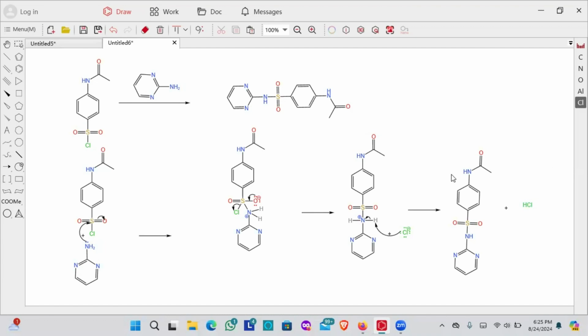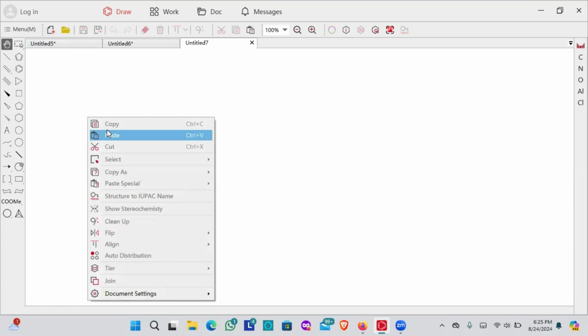Okay, now to proceed on to the next step, we're going to perform the hydrolysis on this to get the final sulfadiazine as the product. Let's take a copy of this. Actually, we already have a copy. We're going to open a new page and show how the mechanism is going to work out.